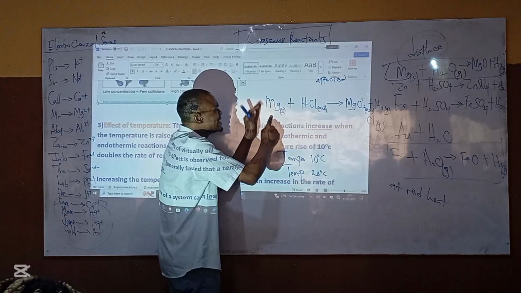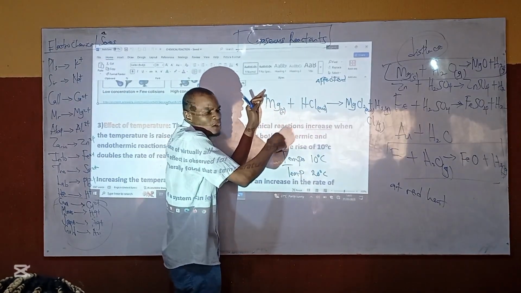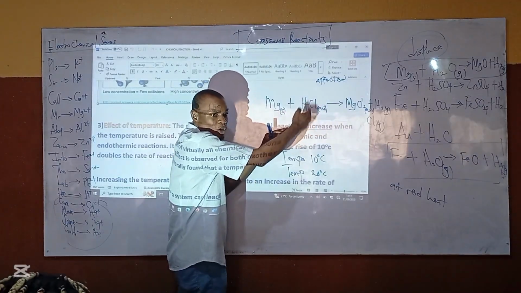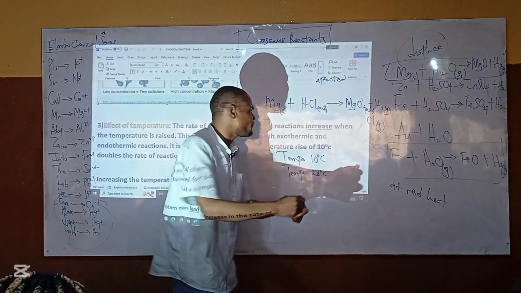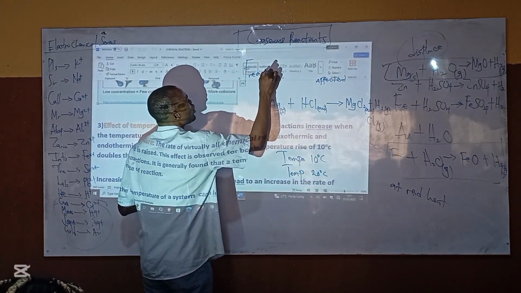So easily the magnesium will move easily in the mixture, and the particles of hydrochloric acid also will move easily. So the collision will be what? There will be high frequency of collision. When they say frequency, frequency means what? Occurrence.